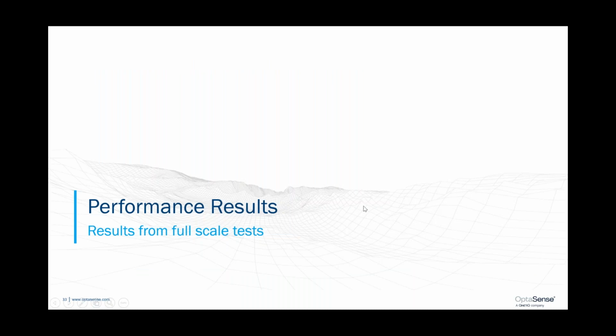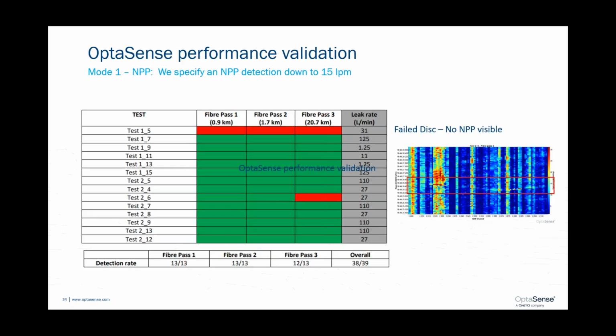So looking at the performance results that we achieved from the full-scale tests, for the negative pressure pulse, as I mentioned, we specified down to 15 liters per minute. These are all of the tests that we carried out with a burst disc negative pressure pulse test. Out of all of them, the first ones here we missed on each pass of the fiber.